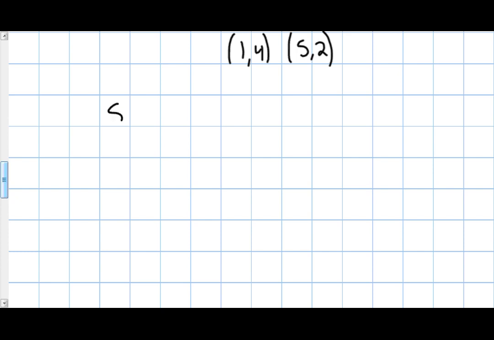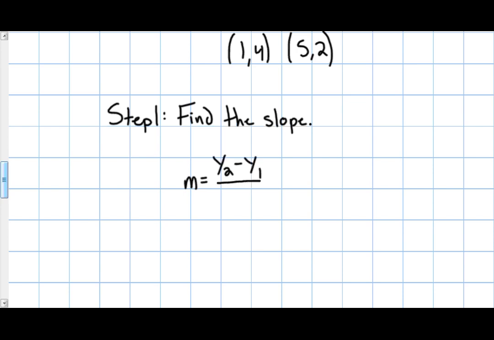So the first step, you're going to want to find the slope. So m equals y2 minus y1 divided by x2 minus x1.